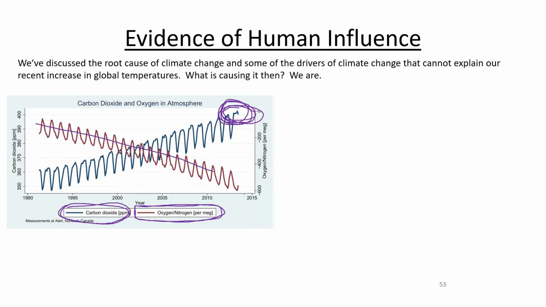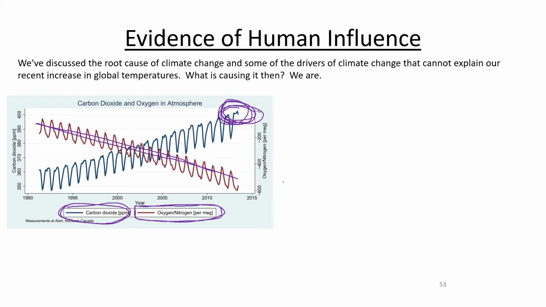So if we want to see evidence that our burning carbon-containing fuels is causing the increase in carbon dioxide, specifically that combustion process, then we would expect to see a decrease in the oxygen in the atmosphere, and that's exactly what we see. Okay?